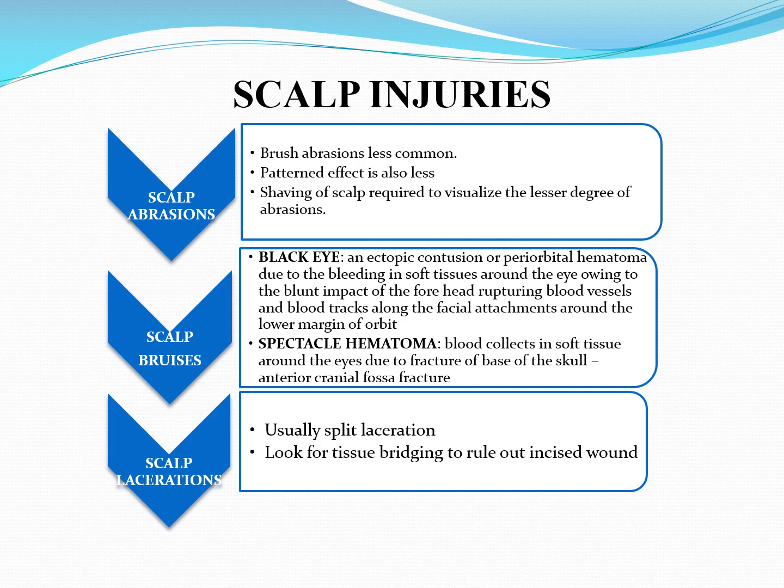Then in the scalp bruises we have two important injuries, that is the black eye and the spectacle hematoma. Black eye is an ectopic contusion or periorbital hematoma due to bleeding in the soft tissue around the eye owing to blunt impact of the forehead rupturing the blood vessel, and the blood tracks along the facial attachment around the lower margin of the orbit.